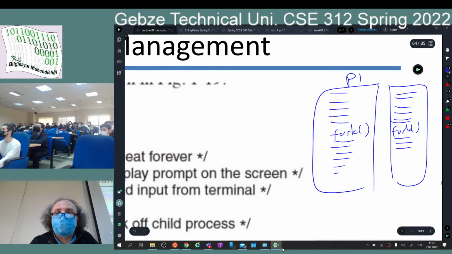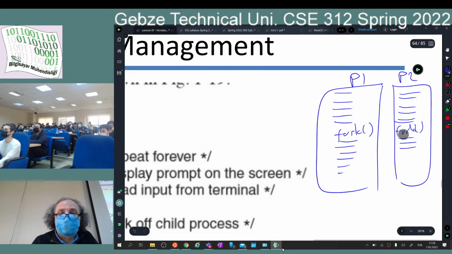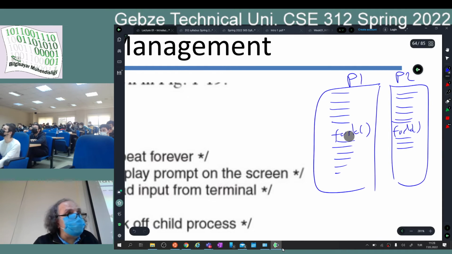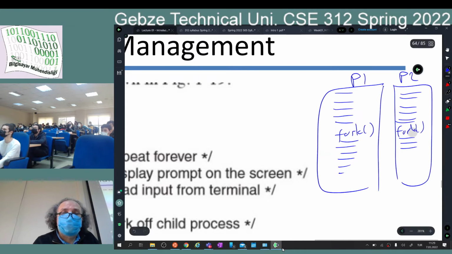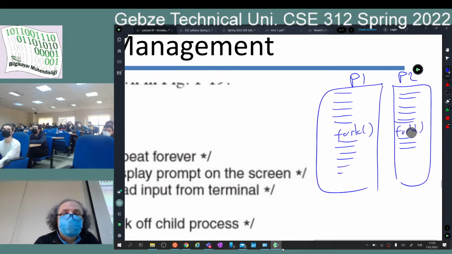So process 1 and process 2. For the original process that called the fork, this one is going to return a non-zero number. This one is going to return a 0, okay? That's how you differentiate yourself from the parent or from your child.